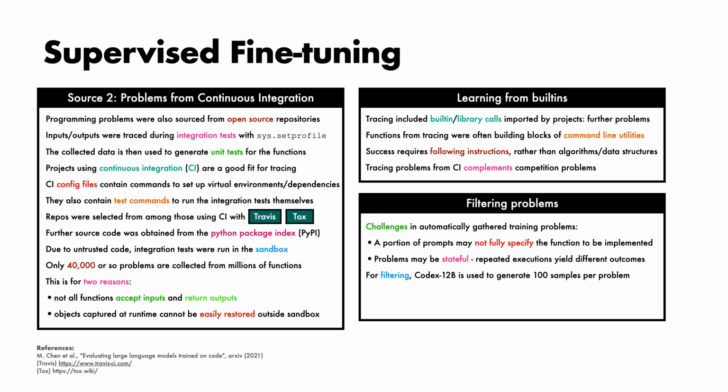For filtering purposes, to improve the training set, Codex-12b is used to generate a set of 100 samples per problem. If all of the samples fail the unit test, the problem is discarded from the training set on the grounds that it is either too hard or too ambiguous. This verification step is rerun several times in order to remove stateful problems from the corpus.